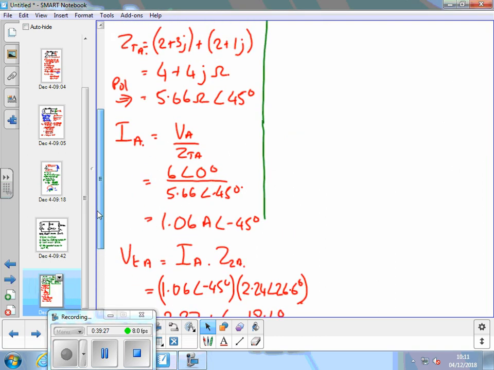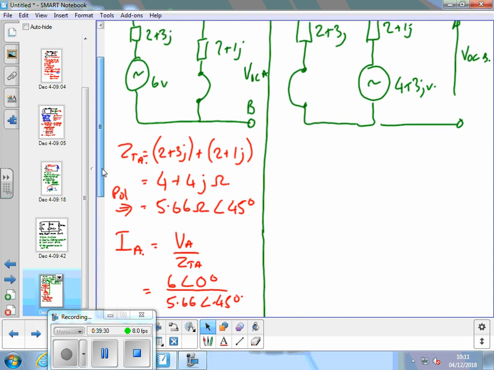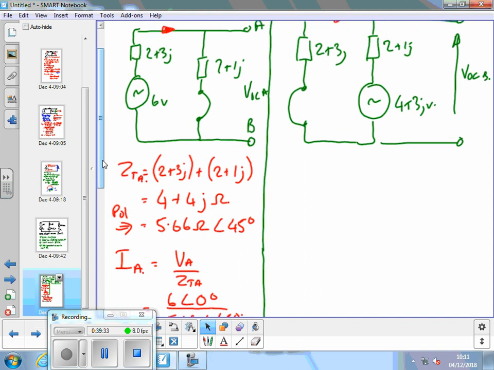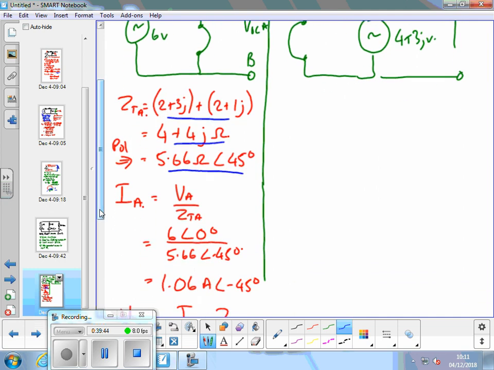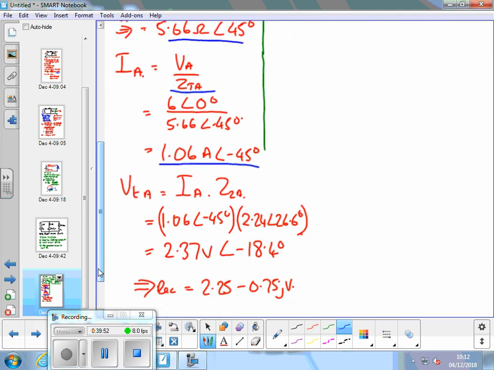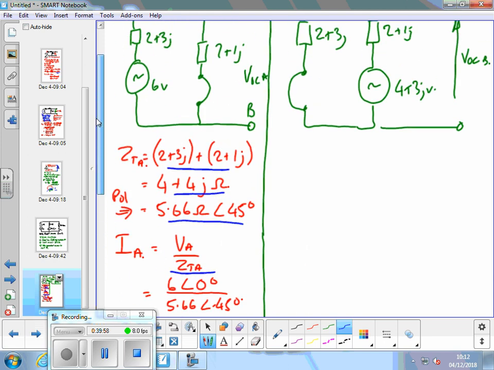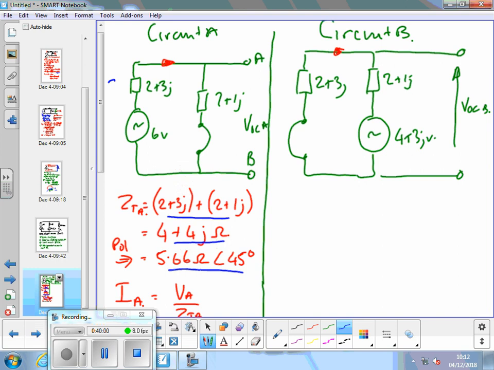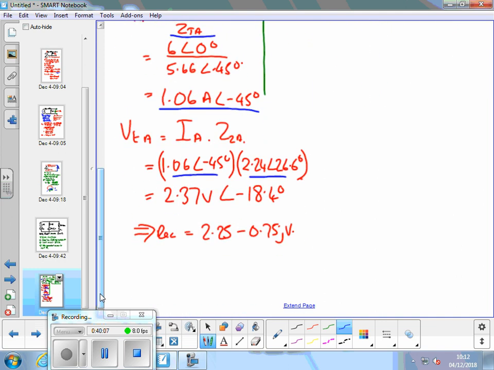Right, I'll just sum up. So most of you got this far now. What we've done here is found the total impedance of a series circuit by adding them together in rectangular form. Convert them to polar so we can use them in Ohm's law to find the current flowing in circuit A, and then use that current with the impedance of just this impedance, I call that Z2A down the bottom, on its own in polar form.